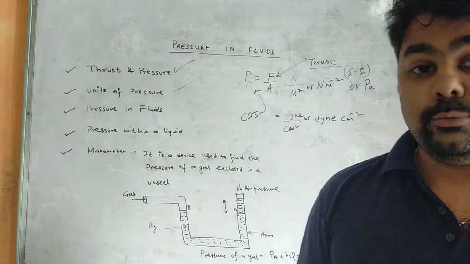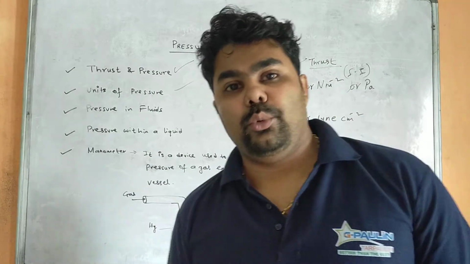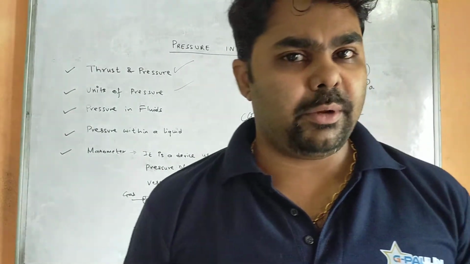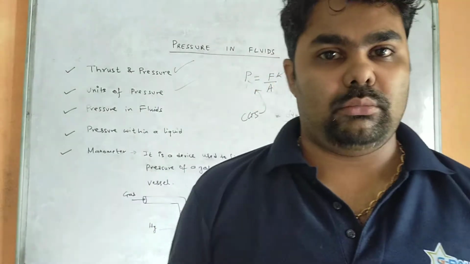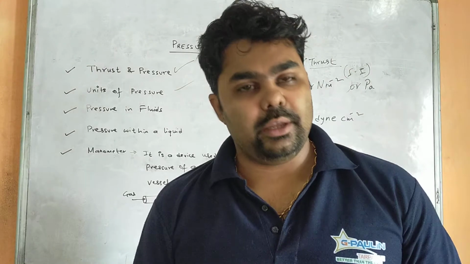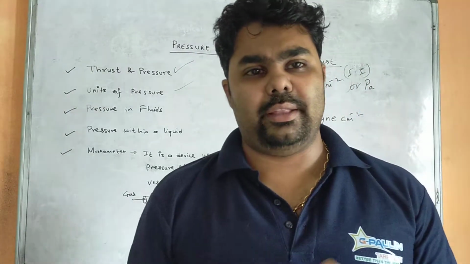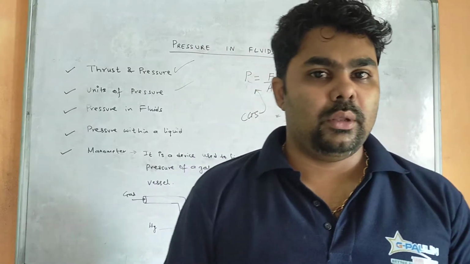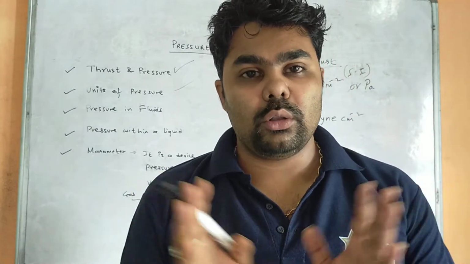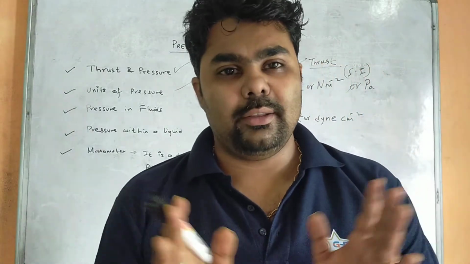Next we have pressure in fluid. What is a fluid actually? Fluids are substances which have the ability to flow. Not only solids exert pressure on a surface; definitely liquids and gases also exert pressure. In a vessel containing either gas or liquid, the liquid exerts pressure on all the walls of the container, not only at the bottom but also at the sides.